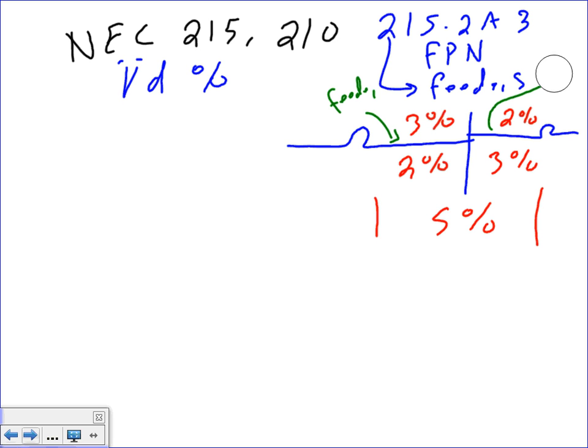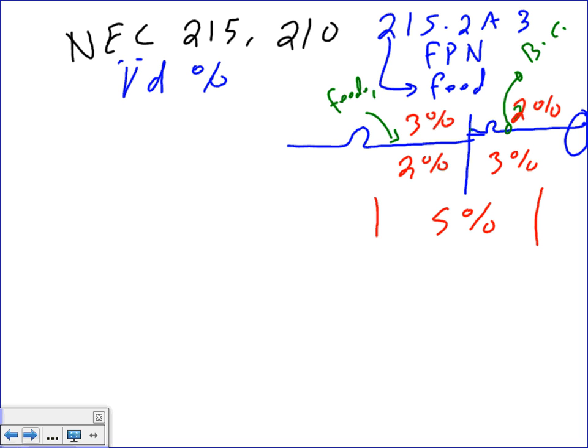Overcurrent device. Here's my equipment here. This is, what did we say? 2%. And anybody knows what do we call the last overcurrent device to the utilization equipment? Branch circuit. So everybody knows that it's 2%.